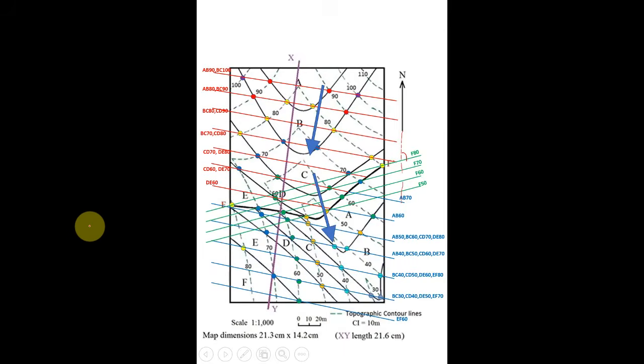Then to find the true dip amount, you will have to measure the horizontal distance between the strike lines. That would be in centimeters. The scale of the map is 1:1000, and the contour interval is 10 meters, which is actually 1000 centimeters.